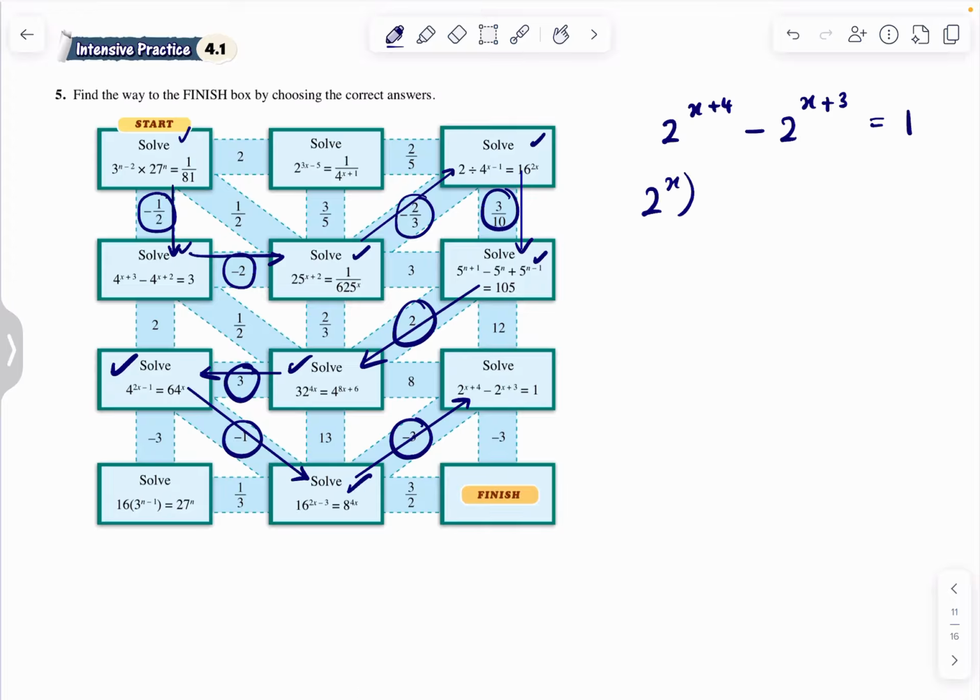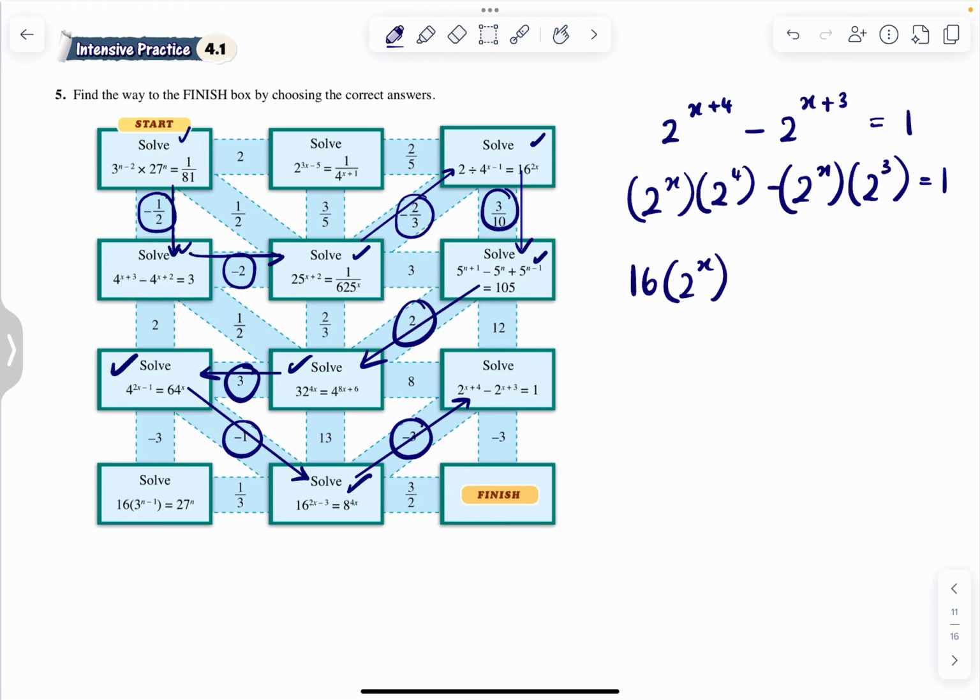So 2^x times 2 to the 4, 2^x, 2 cube. So 2 power 4 is 16, 2 cube is 8. So you can say 16 of 2^x minus 8 of 2^x equals 1.